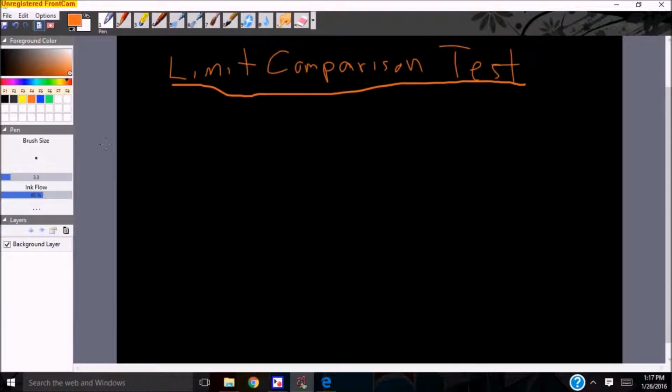Basically, the way the limit comparison test goes is like this. If we're trying to determine the convergence of some infinite series here, and it's probably some sort of rational polynomial, some sort of nasty algebra-looking function, and we want to determine whether or not it converges or diverges, what we're going to try to do is pick a second series b sub n that we know about, whether it converges or diverges.